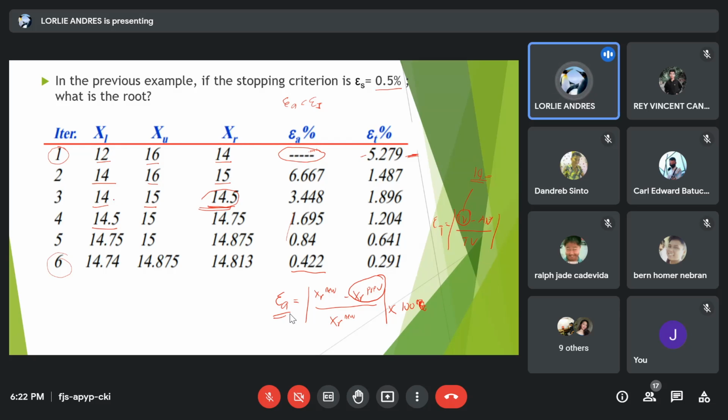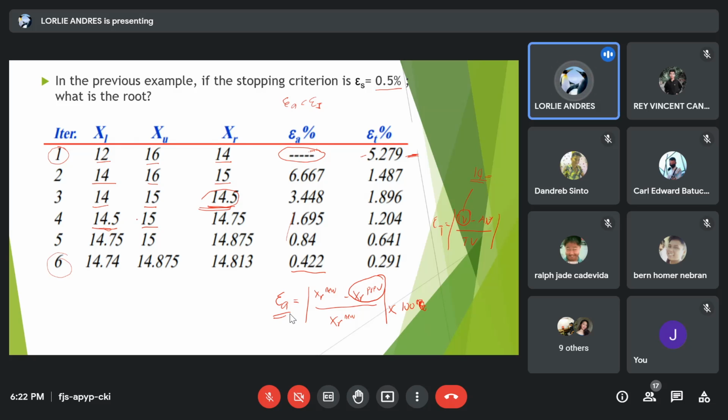Makabalo ka na kani siya si 14.5 mao ang current value ni x sub L. Kay pag multiply nimo karon kay f of x sub L multiplied by f of x sub R, kung greater than 0 gani siya, so si x sub L ang ma-change ang value. Katong sa step 3 sa algorithm.